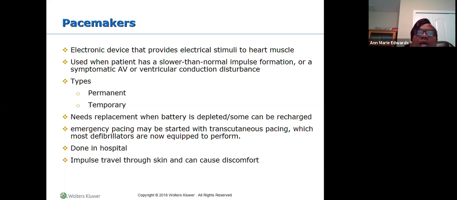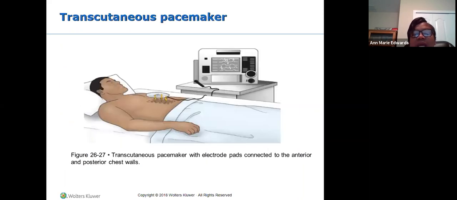Some have batteries that can be recharged, and for some the battery cannot be recharged, so the pacemaker will have to be replaced. Emergency pacing may also be done with transcutaneous pacemakers, which most defibrillators now are equipped for. The impulse travels through the skin and can cause discomfort.